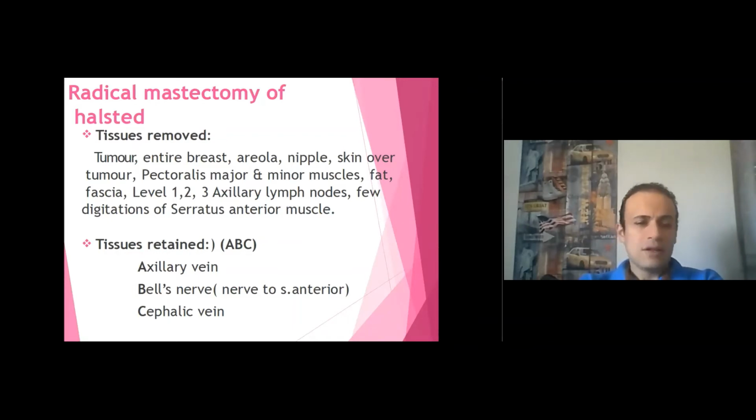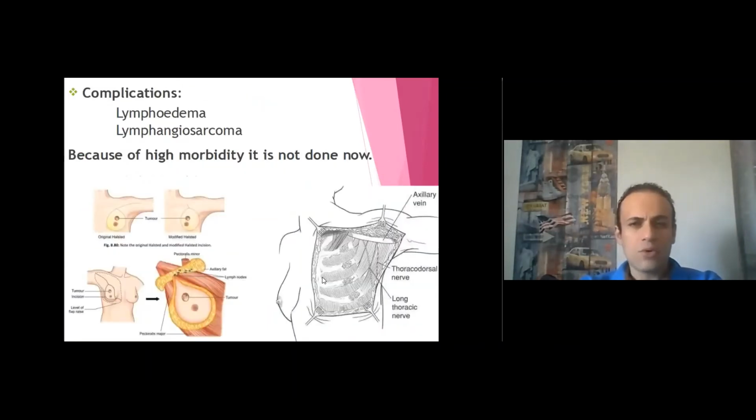This operation is not used more than 20 years ago. Only tissues are retained, no axillary vein, nerve of the serratus anterior, Bell's nerve, and cephalic vein. But every structure in the area of the thorax wall is removed from superior level, pectoralis major, minor, to the axillary vein, and also the muscles.